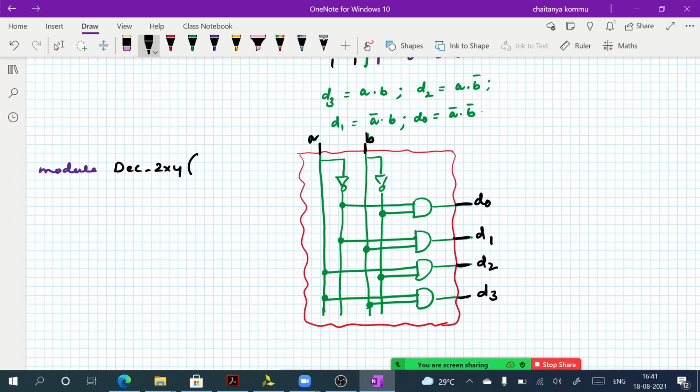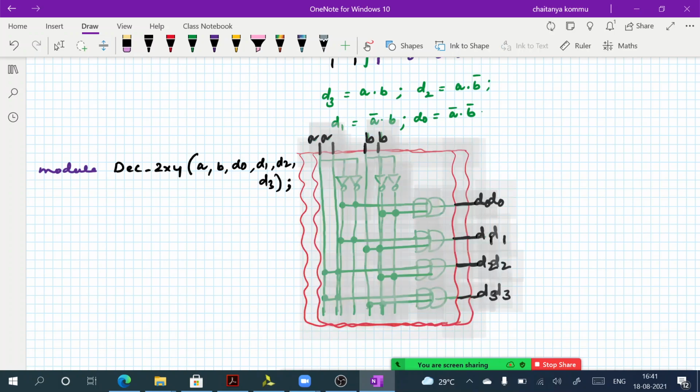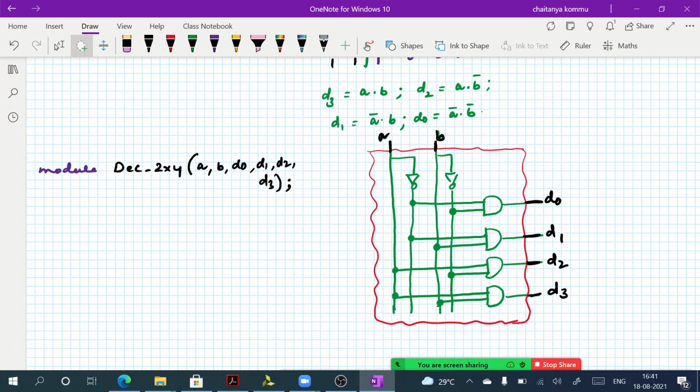Next, the port list is A comma B comma D0, D1, D2, D3. What are the inputs here? Inputs are A comma B. What are the outputs here?